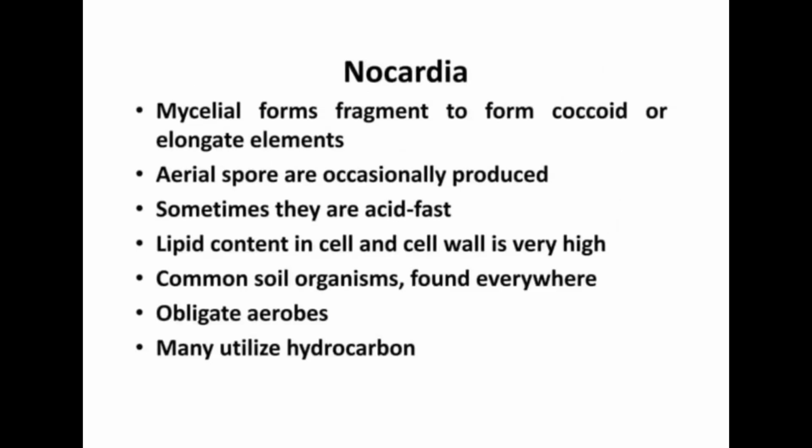You know about Mycobacterium tuberculosis or Mycobacterium leprae. Have you ever heard? They will also have an acid fast cell wall, meaning their cell wall will have more lipid content, and they won't allow the stain to enter into the cell.